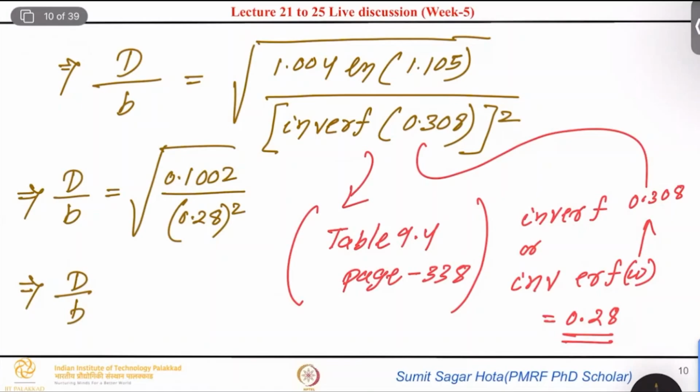Now this D by B value comes out to be 1.13, and this is the answer.